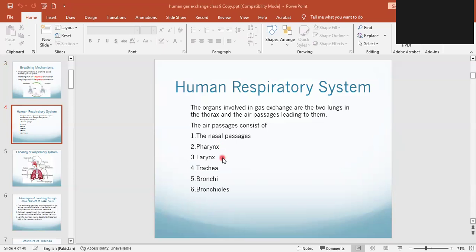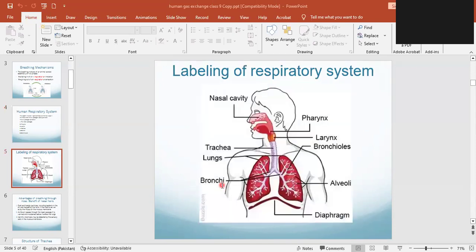The larynx is the voice box present above the trachea, and the trachea is the windpipe. The windpipe splits into two parts, going into each lung, the bronchi, and then the bronchi divide into smaller branches known as bronchioles. At the end of the bronchioles you find clusters of sacs known as alveoli.